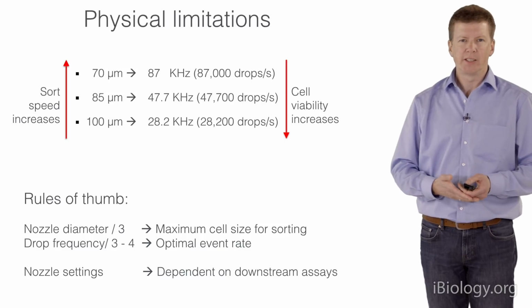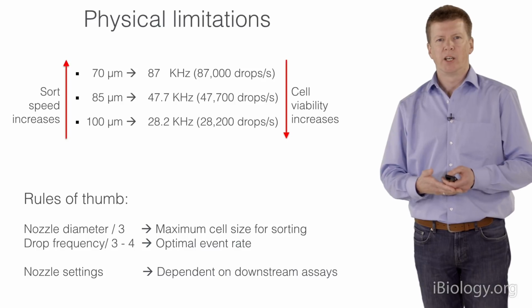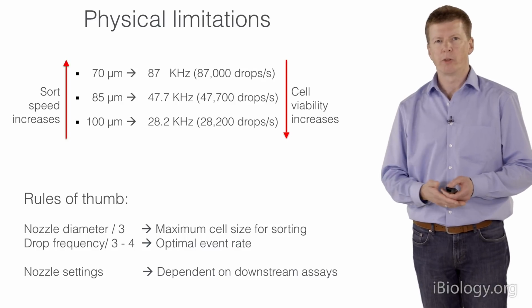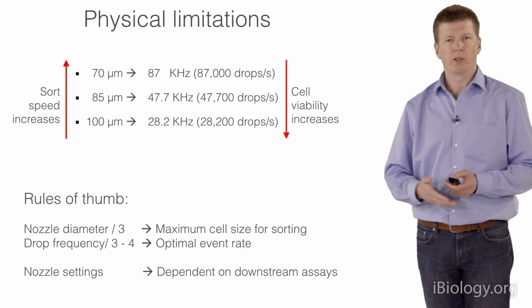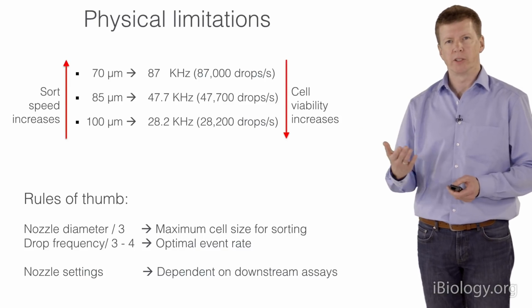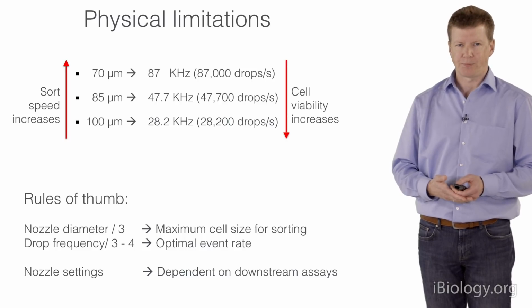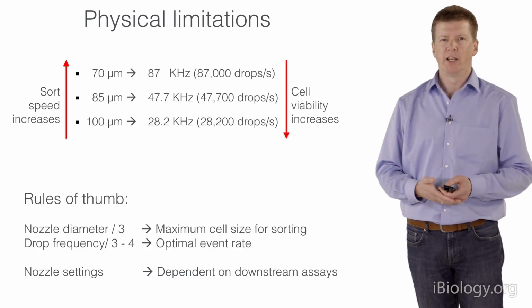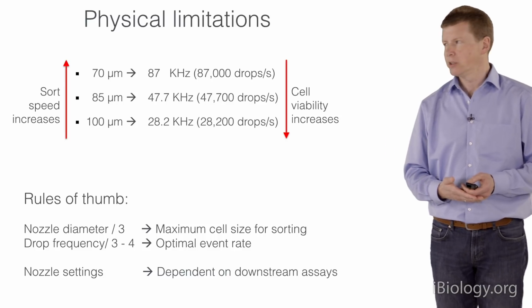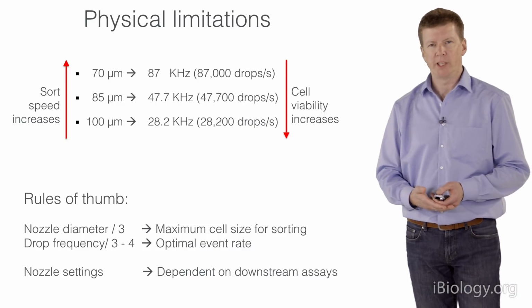Another thing is the optimal event rate you can run on those machines, and this is roughly 1/3 to 1/4 of the drop frequency. Therefore, we come down to the 30,000 events per second we can run at maximum. So you see, all these settings together influence our decisions and also depend on our downstream assay.